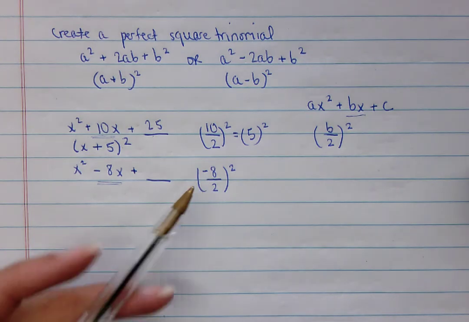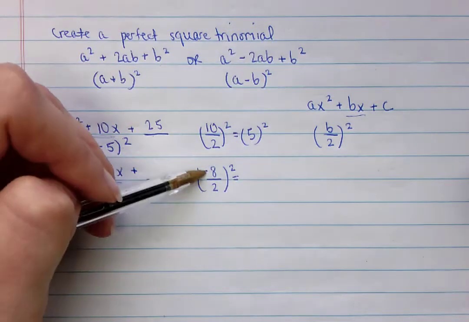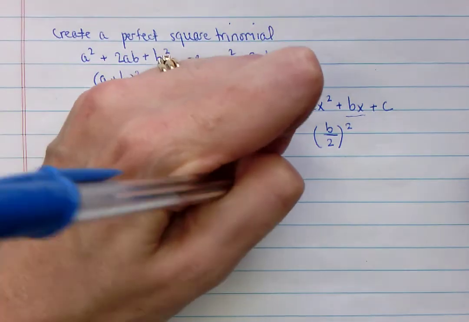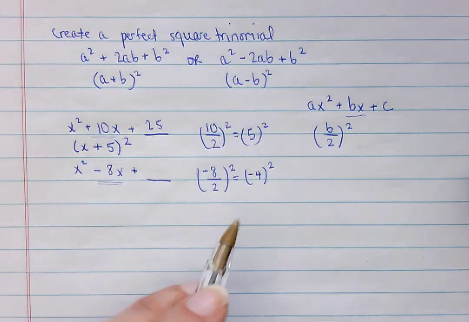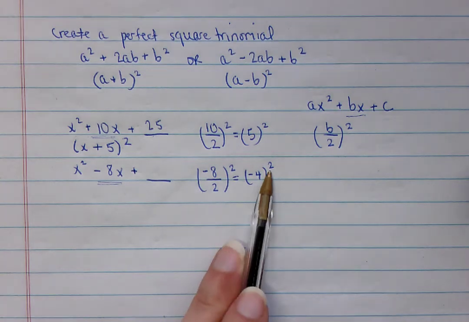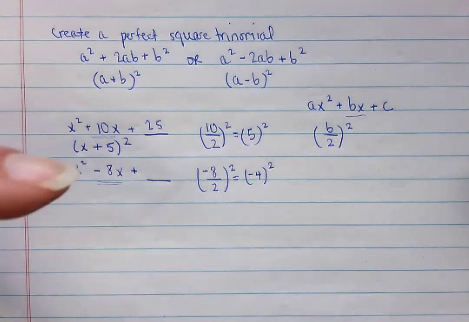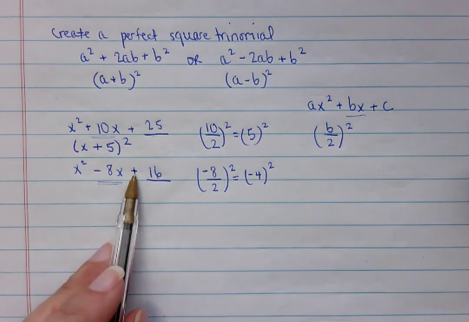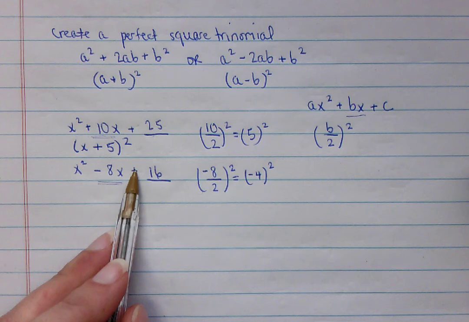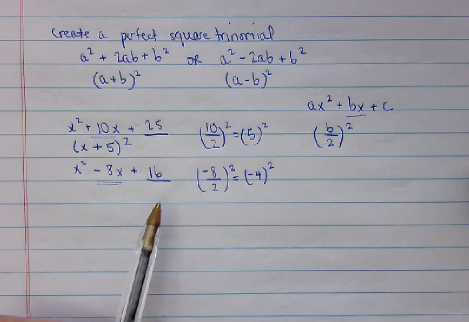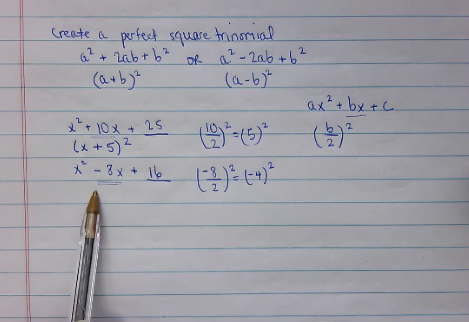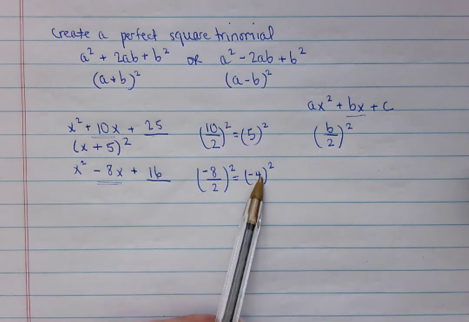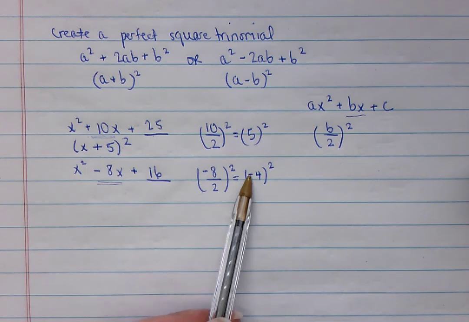So notice, negative 8 divided by 2 is negative 4, and then you would square that. Negative 4 squared is negative 4 times negative 4, which is 16, positive 16. So you're always going to be adding when you create the perfect square trinomial, okay? But when you factor it, notice this is the number right here that we're actually going to use when we factor this thing.